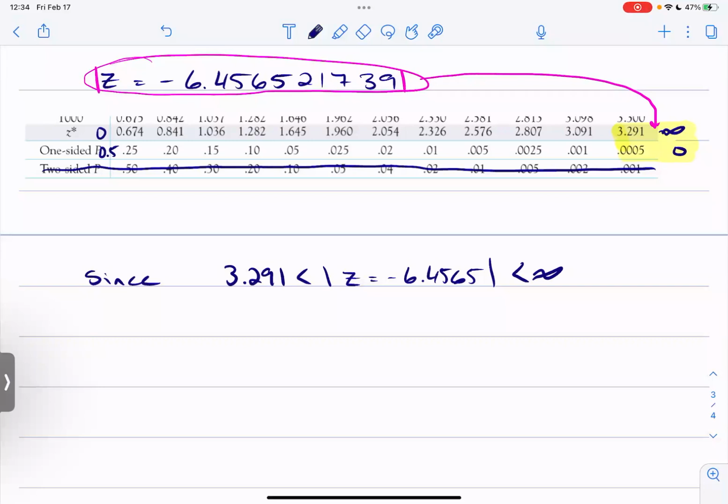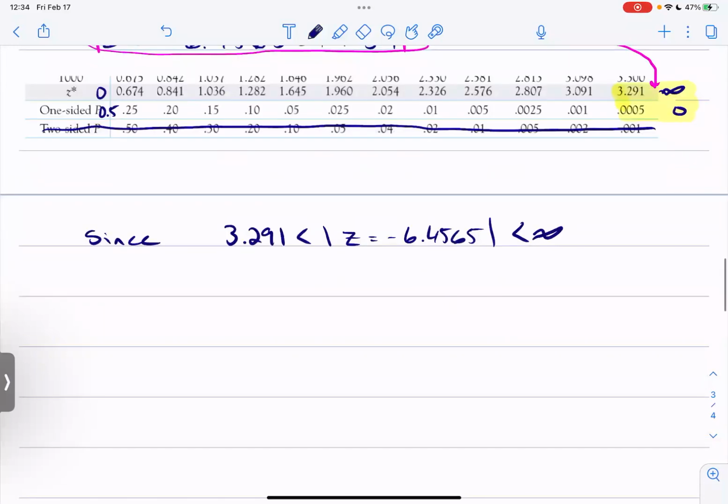Okay. Now I translate that into probabilities. So since this is true, the probability, and maybe I'll say the tail probability. Notice that I'm using the same inequalities here, and that's why I like this setup, but the problem is it gets confusing. Because I need to start with a smaller probability on the left-hand side and then bigger on the right-hand side, which means I need to read it from right to left.